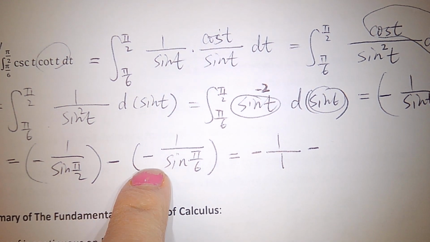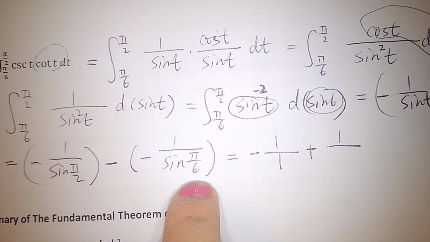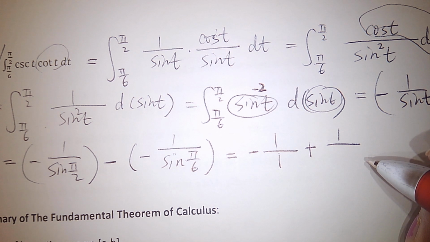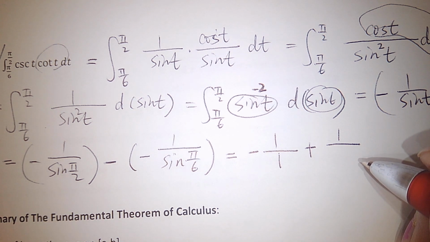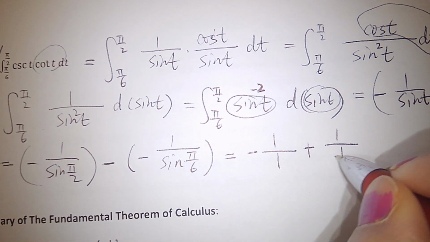Minus negative becomes positive. 1 over, what is sine of pi over 6? Sine of 30 degrees. What is sine of 30 degrees? 1/2, right?